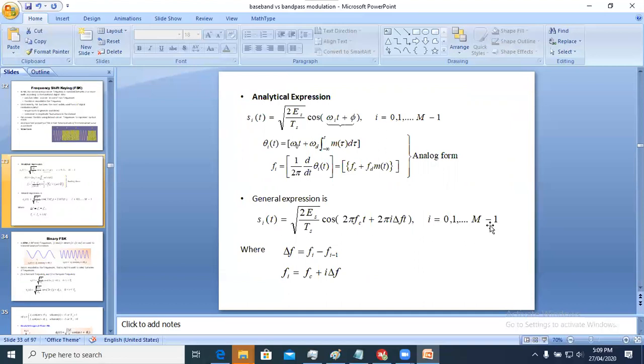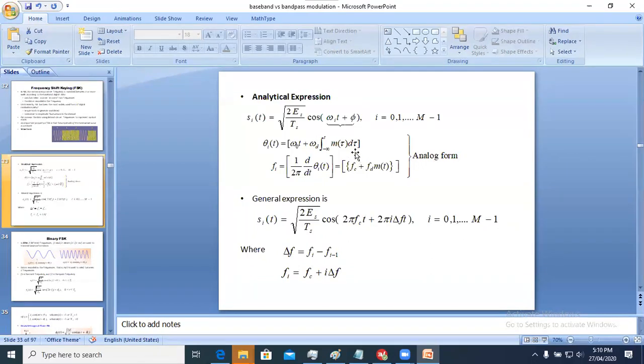In our case, we are using two frequencies because we are using the binary version. If we are using the M-ary version, we have 0 to M minus 1 frequencies. The frequency spacing between two consecutive symbols is delta f, and for the ith symbol we have i delta f frequency.